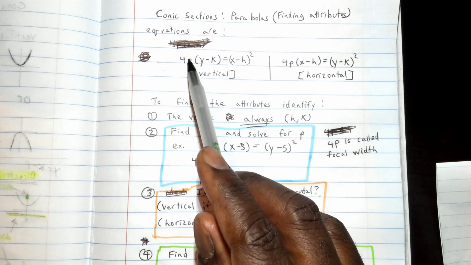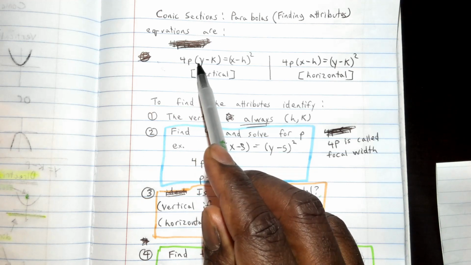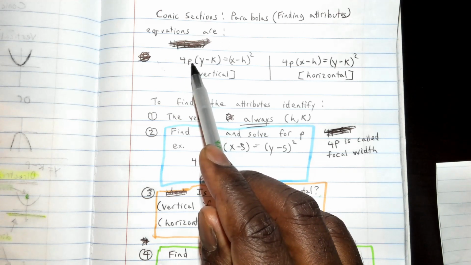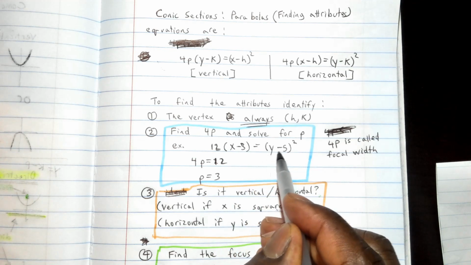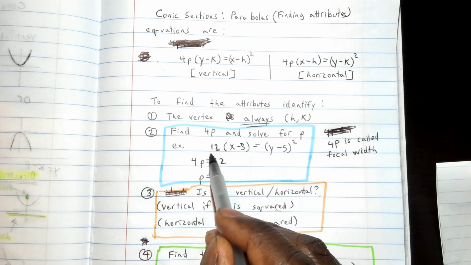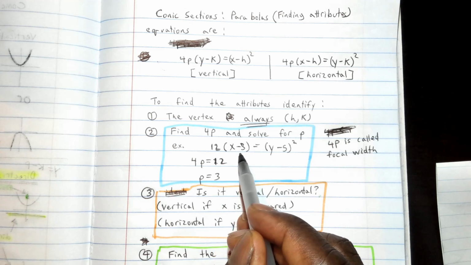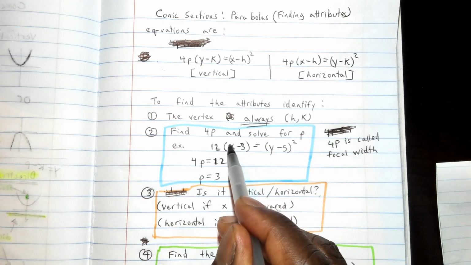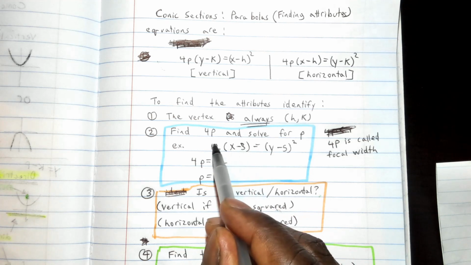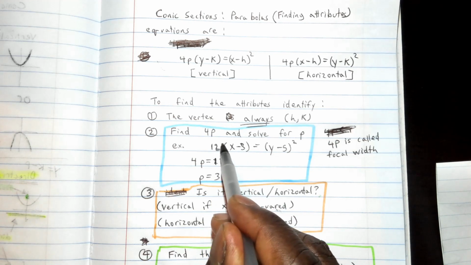4p is always going to be the number that's right next to the part that isn't squared. So as an example, if we wrote down this equation of a parabola, for the 4p, we'd have to look for the part that isn't squared. So not this side, this side. So this side isn't squared, and then 4p is going to be the number in front.